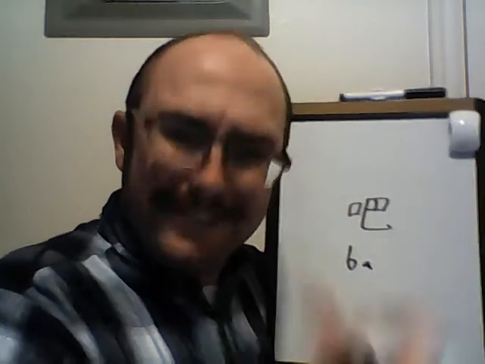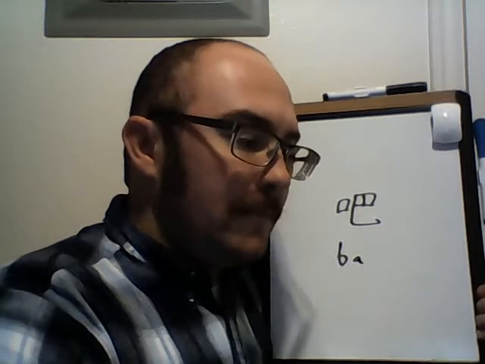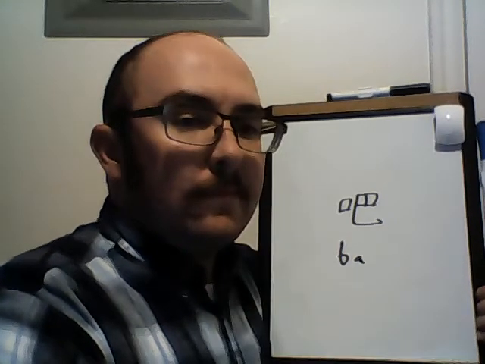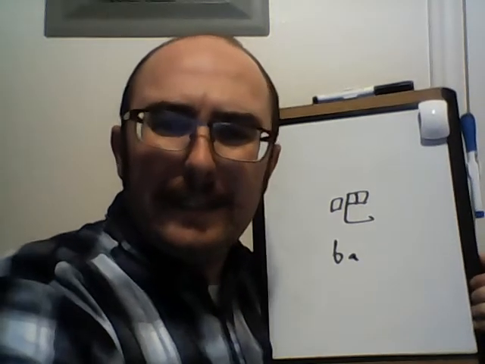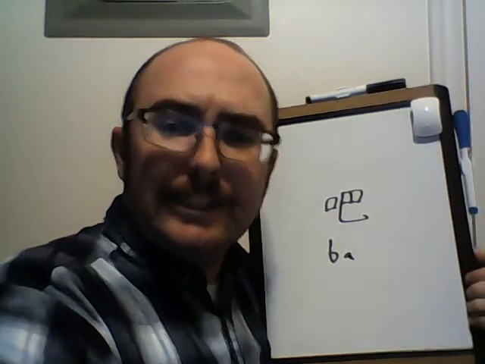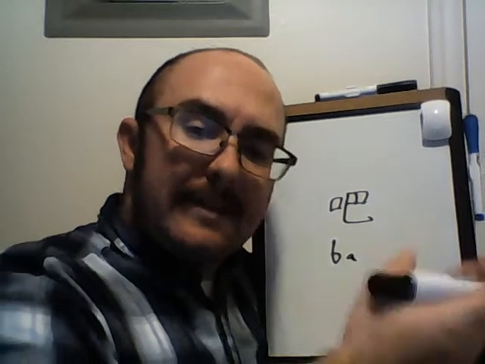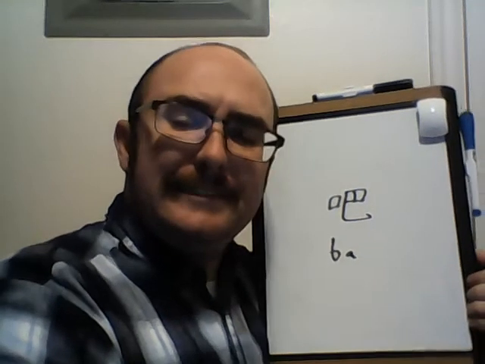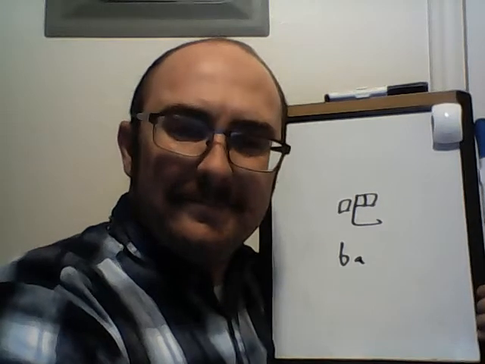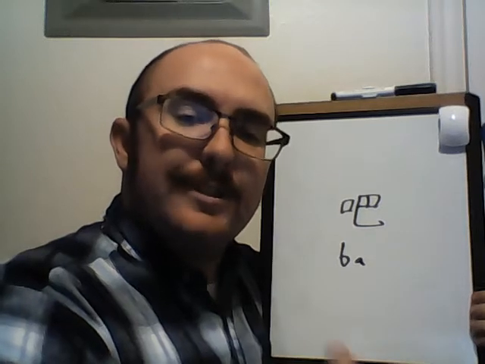Or 你知道是吧? It's like, you know about it, right? So it makes it that kind of suggestion, right? That's how this grammar principle works. It's ba.